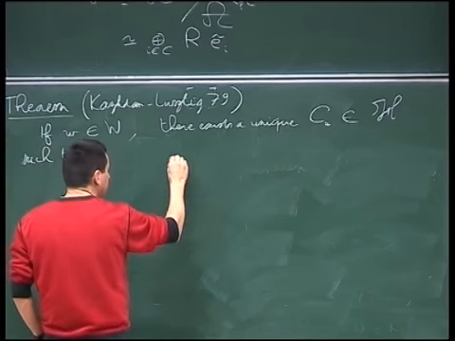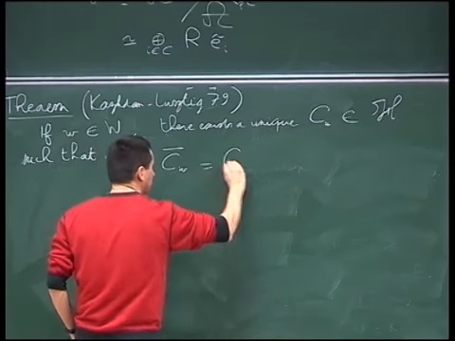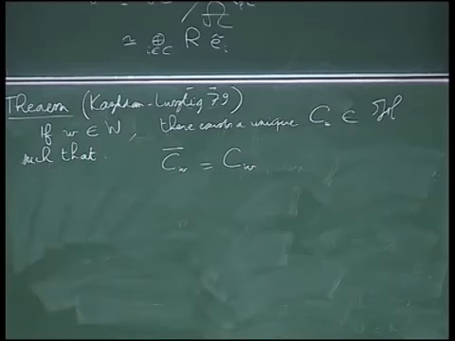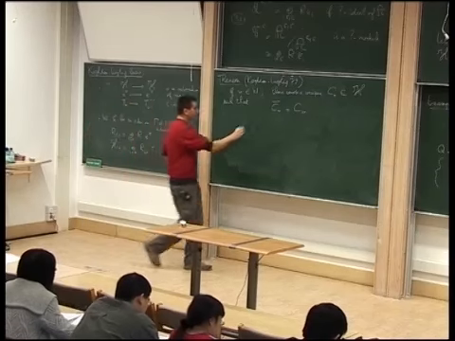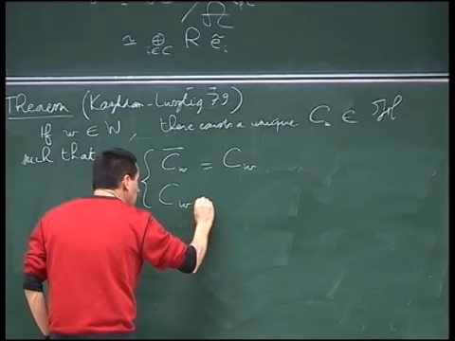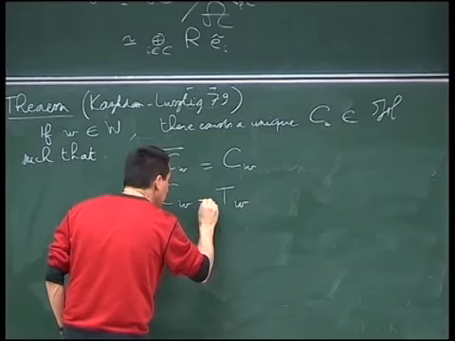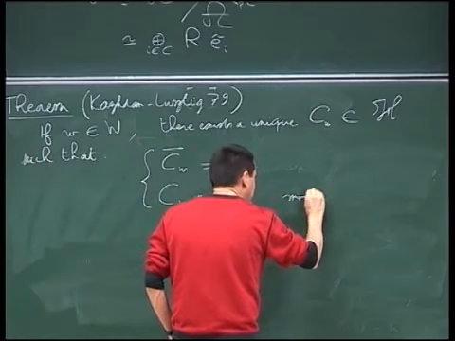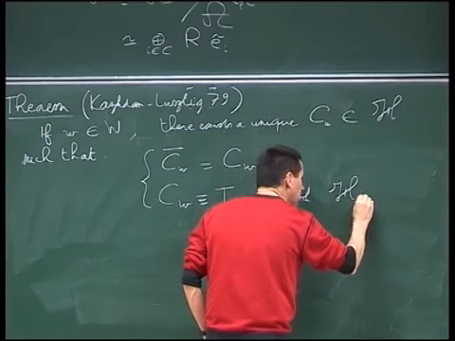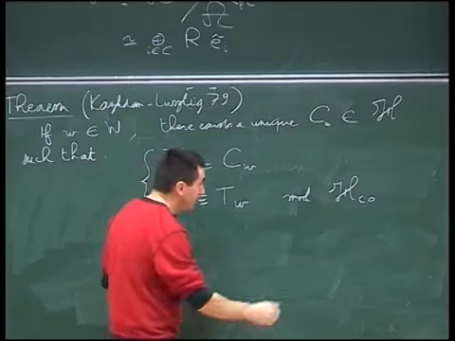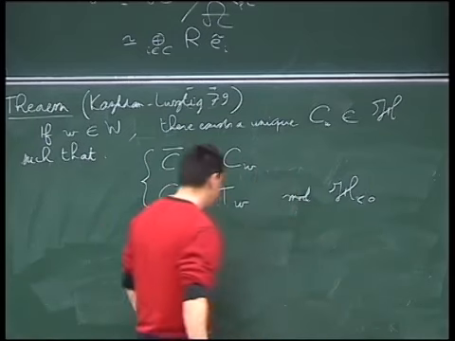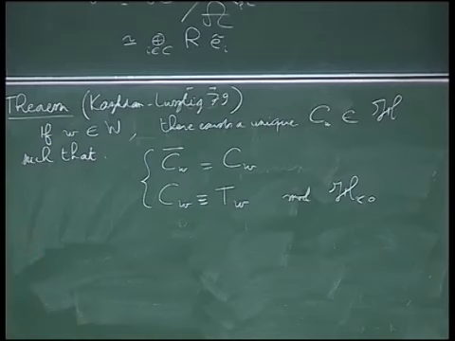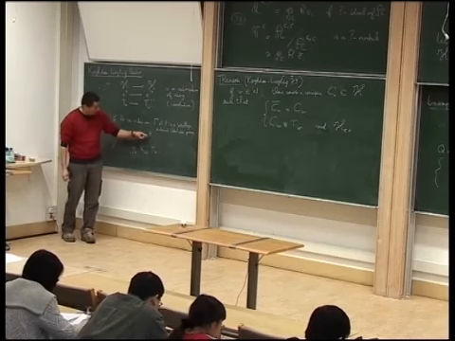First of all, CW is fixed under the involution, and CW is almost TW up to elements in this H less than 0. It means that the difference between CW and TW only involves monomials with negative powers.